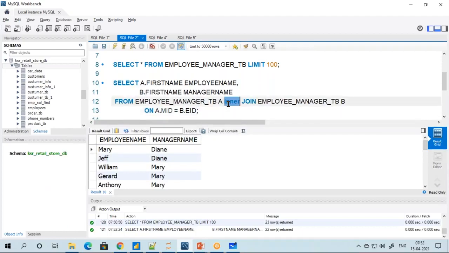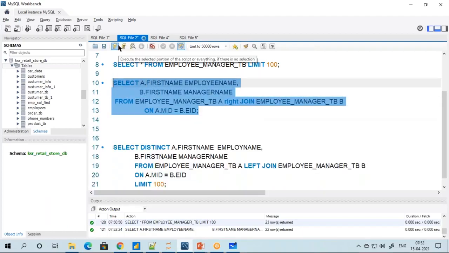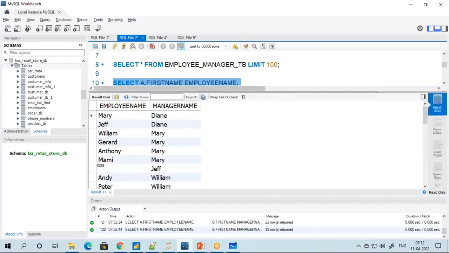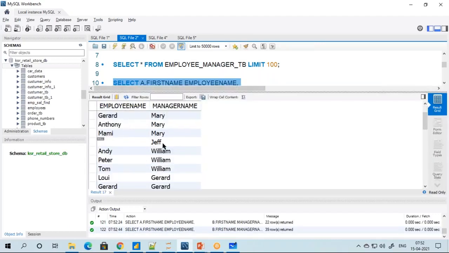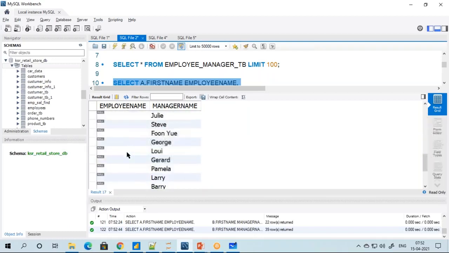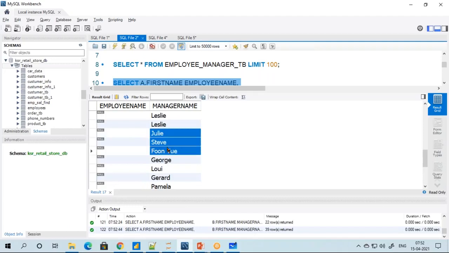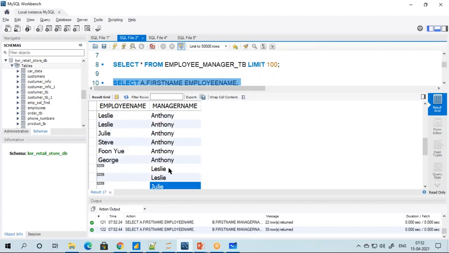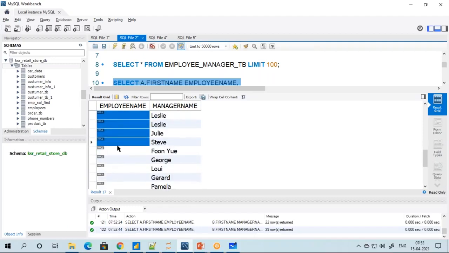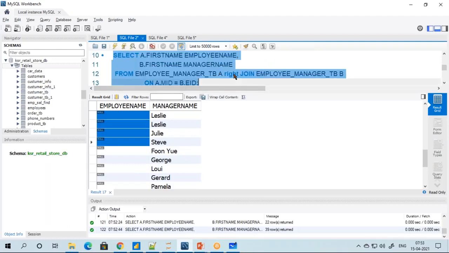If you put inner join, or if you put right join, same thing. For Jeff, it is not coming as a manager. Why is it not coming? These people are maybe all managers, and for them the employees, it is taking right join, which is not giving a proper result.